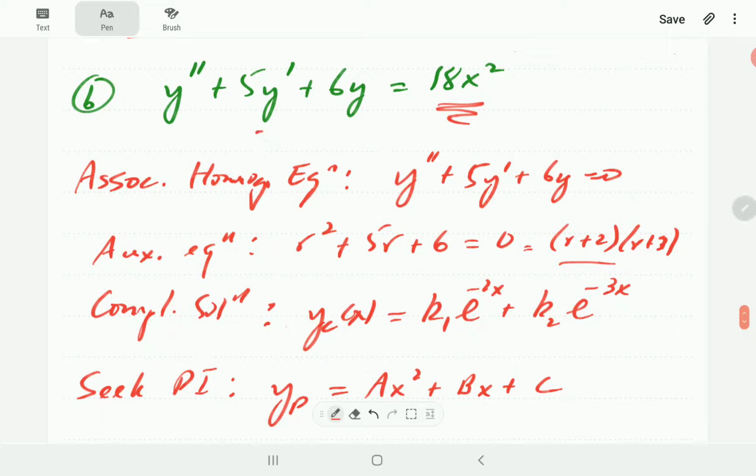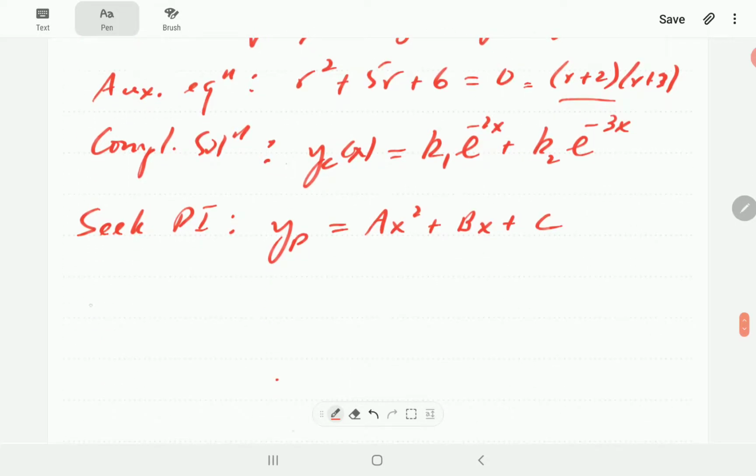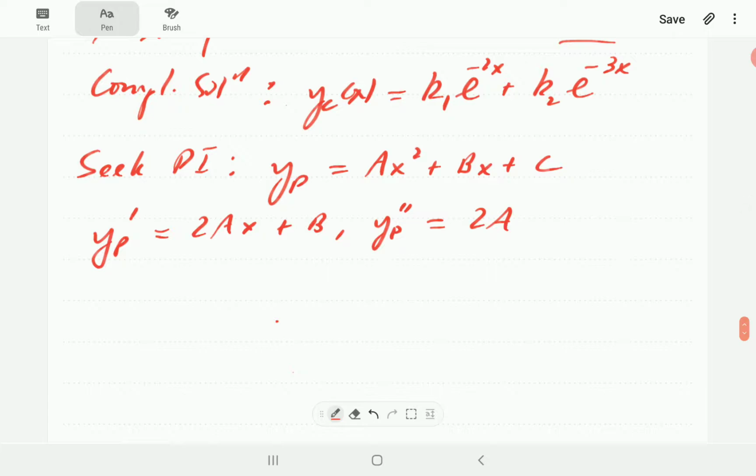The ODE has got a first order derivative term and a second order derivative term, so we need to work out the two derivatives for yp. yp prime is going to be 2ax plus b, yp double prime is simply going to be 2a.